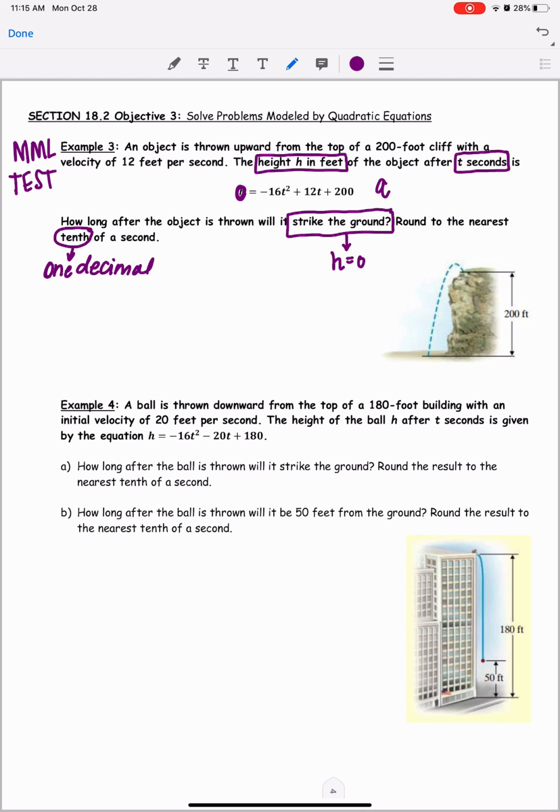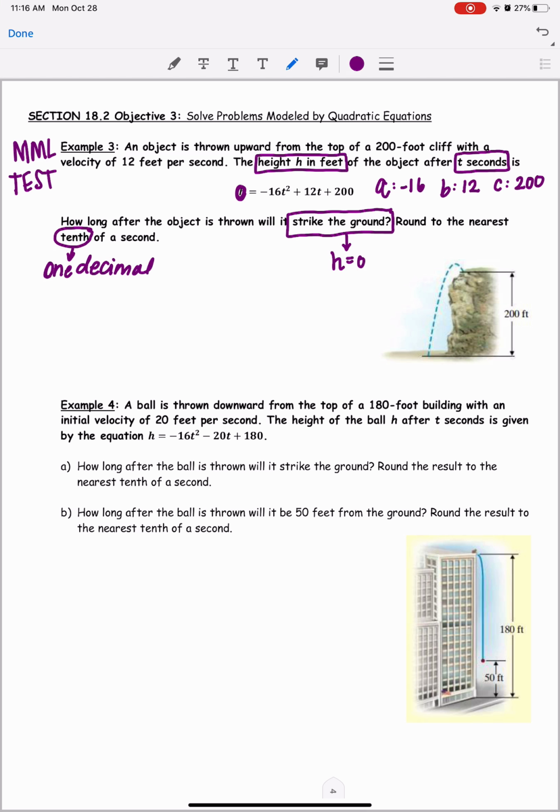My a is negative 16. Now, because we're not factoring, it is okay that a is negative. But if we have a choice, we always want to try and keep it positive, just so we'll do that when we're factoring, okay? But it is okay that a is negative. My b is 12, and my c is 200.